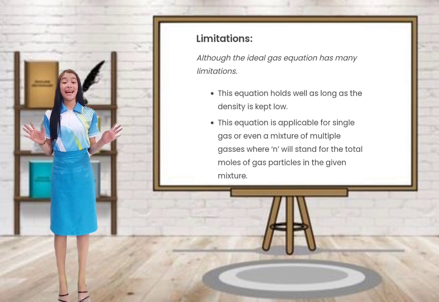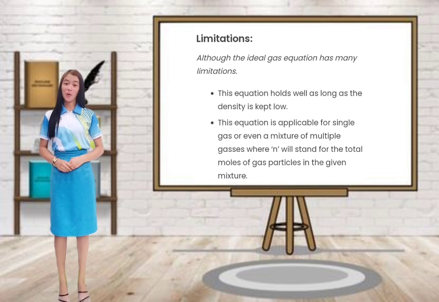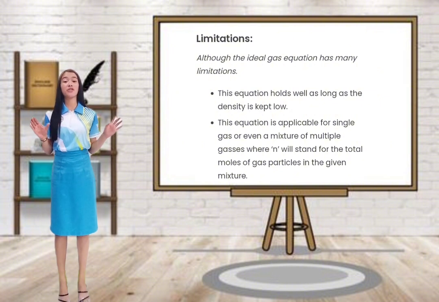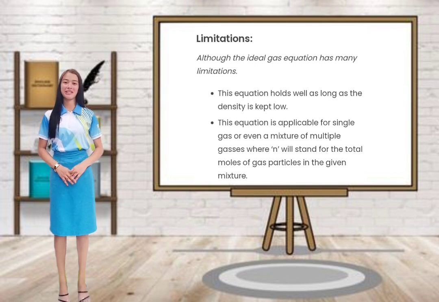Although the ideal gas equation has many limitations, this equation holds well as long as the density is kept low. This equation is applicable for a single gas or even a mixture of multiple gases, where n will stand for the total moles of gas particles in the given mixture.